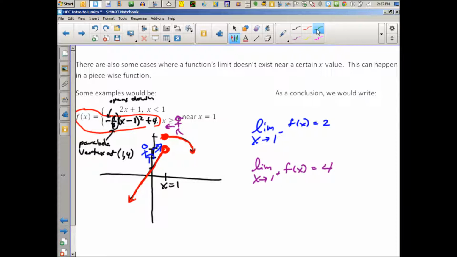And here we have no agreement. These don't agree. So what do we write in that case? We write the limit does not exist. So DNE, the limit does not exist. Okay? So that's what happens when the graphs don't come together.